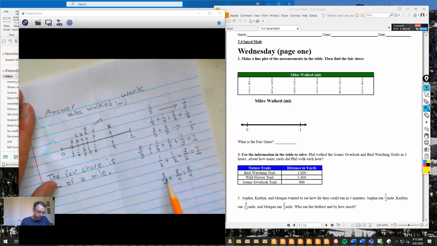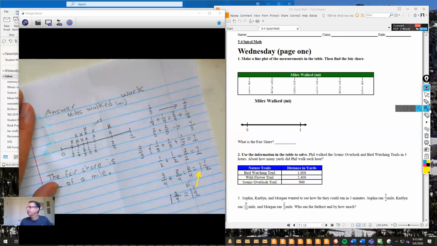So 3/4 plus 3/4, 6/4. If I took 6/4, I could turn that into a mixed number of 1 and 2/4, which I could simplify down even further to 1 and 1/2. That means that I can now put that right here as my other addition, 1 and 1/2.